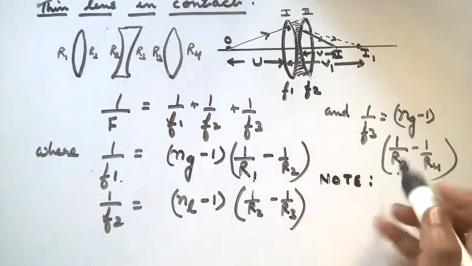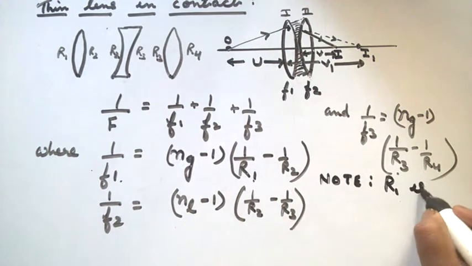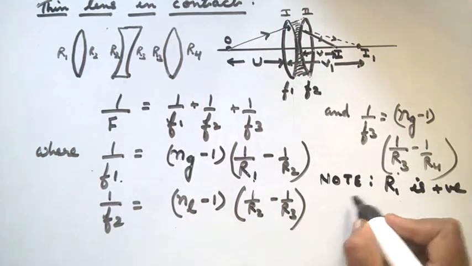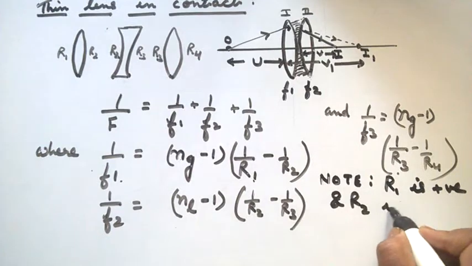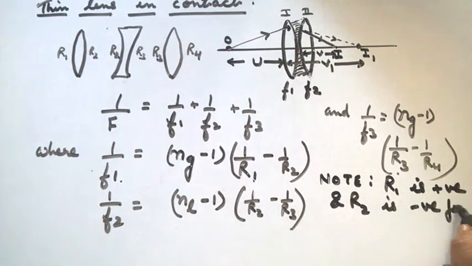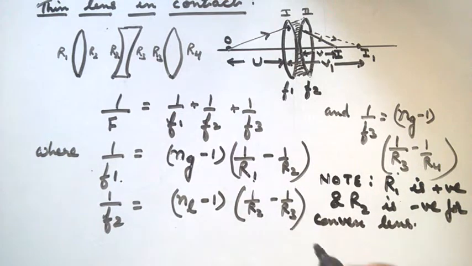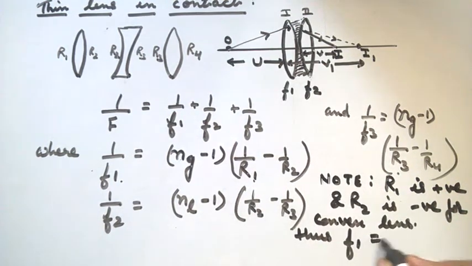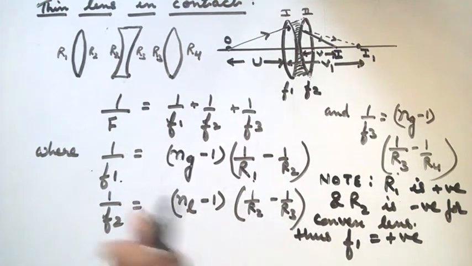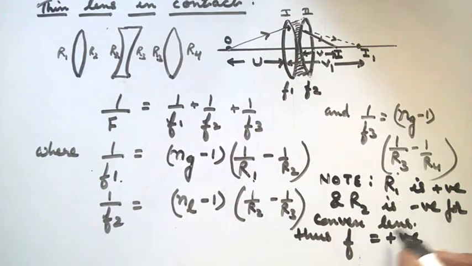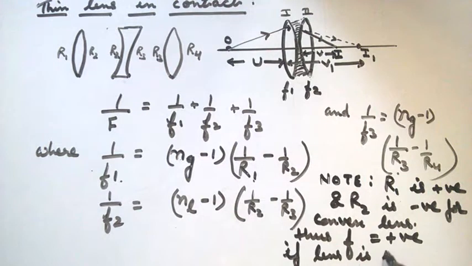Also R1 is positive and R2 is negative for a convex lens. Thus f is positive, or we can write the focal length is positive for a convex lens if the lens is in air.